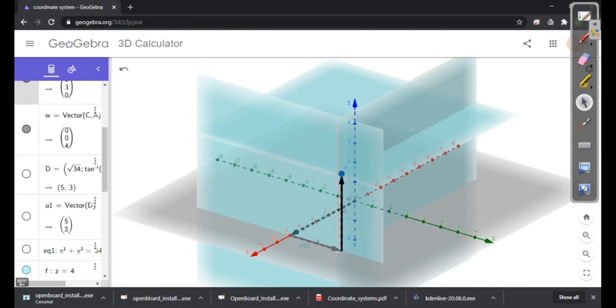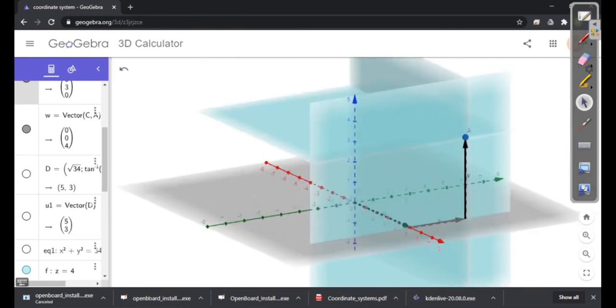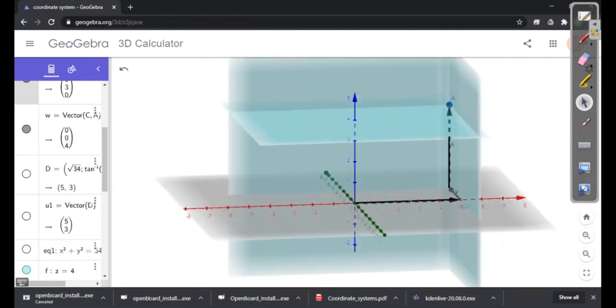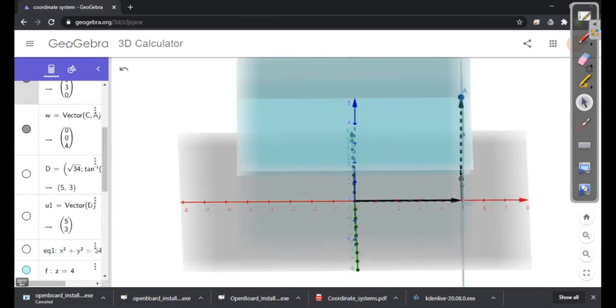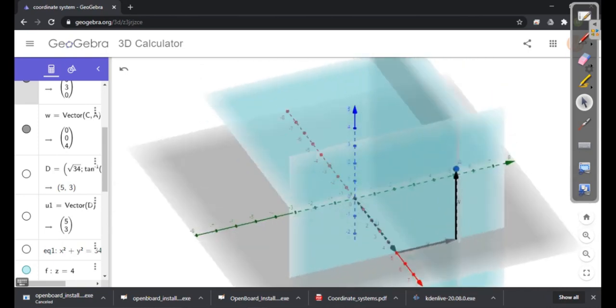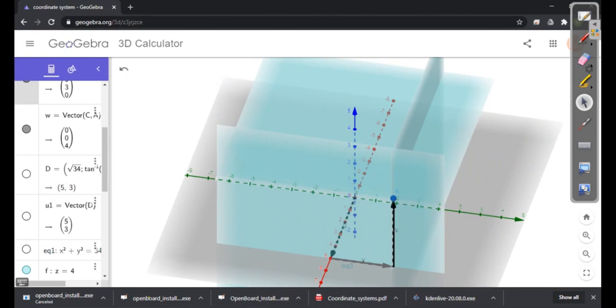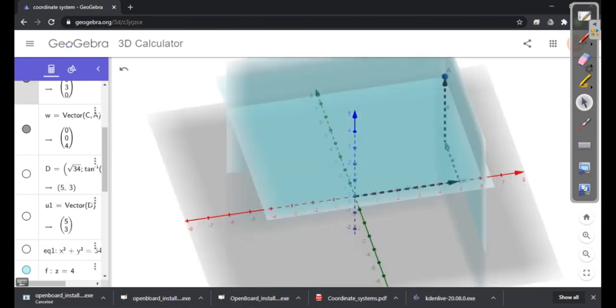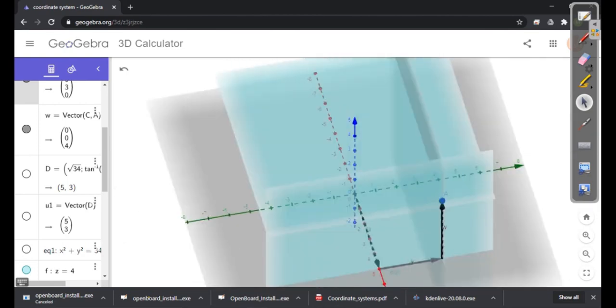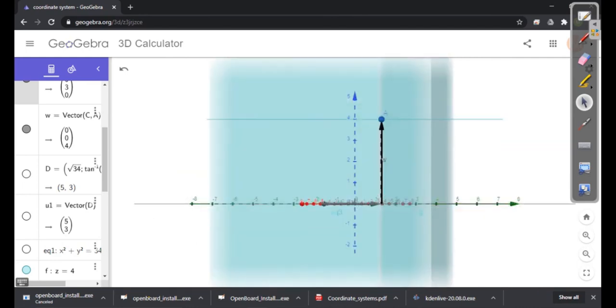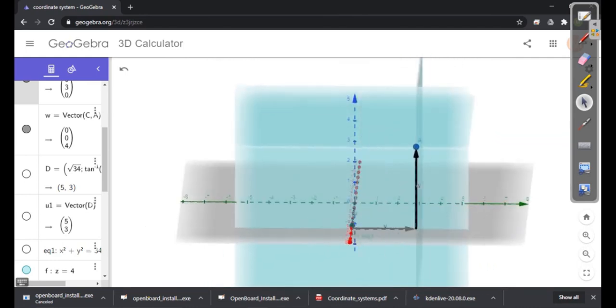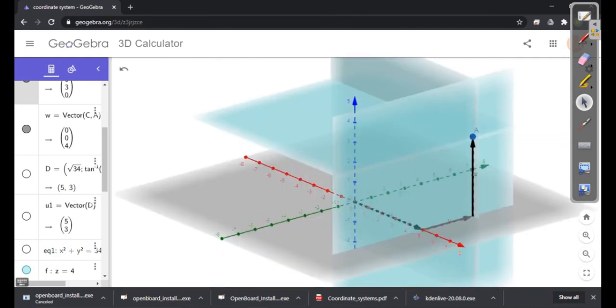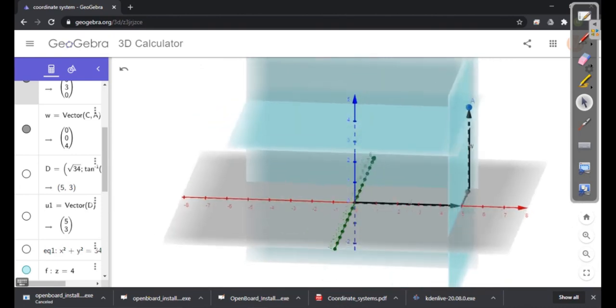So this is how I reach a point, right? Along x I am moving, along y I am moving, along z I am moving. So it requires three components: the x component, the y component, and the z component. These are the three components required to represent a point in Cartesian coordinate system: x, y, and z.